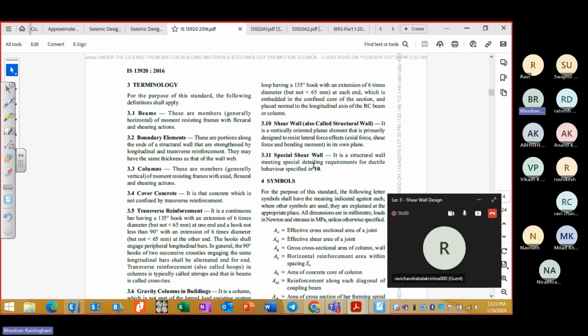So SAP 2000 has 9 degrees of freedom, ETABS has 6. If you are designing steel elements in SAP 2000, you will have 9 degrees of freedom compared to any other software. So it is purely following the FEM rules.